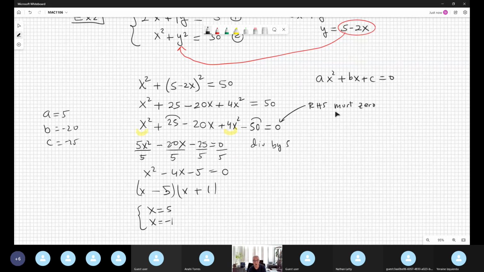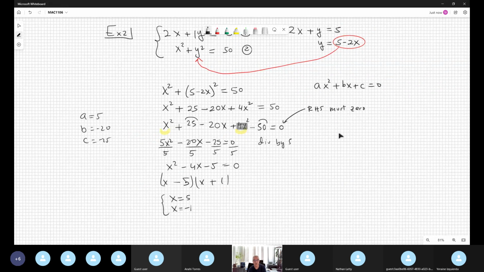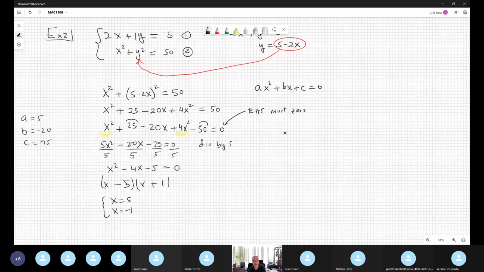Now we finish? No, I need to find the y value associated with each x value. So you organize that in that way. For x equals 5 positive, substitute where? Here, in this equation that's waiting for me: y is equal to 5 minus 2 times 5. Remember, be careful with the order of operations.